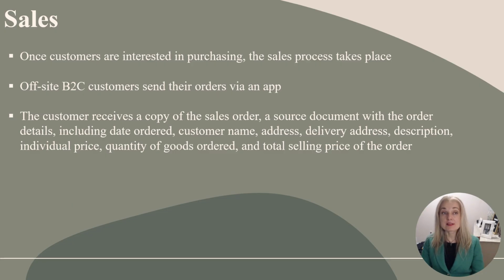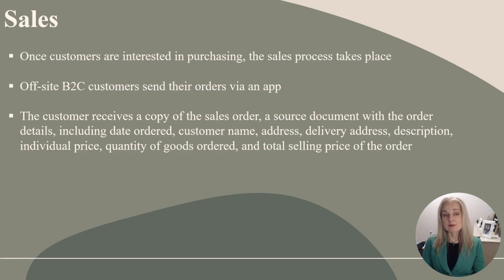After marketing, the sales process takes place. So for example, once customers are interested in purchasing the products, the sales process takes place. Offsite, business to consumers send their orders via an app, or alternatively, they might send their order online through a company website.